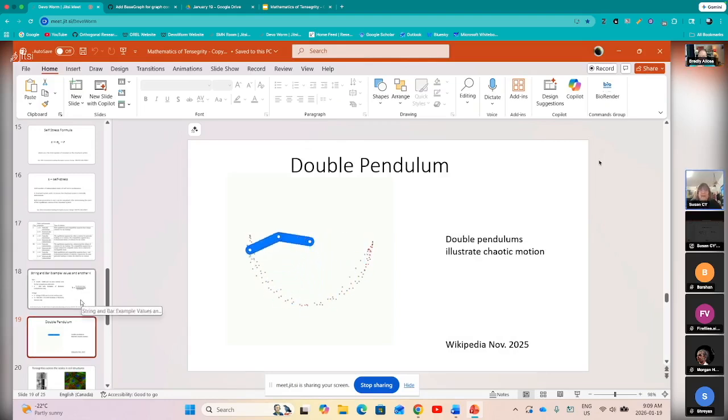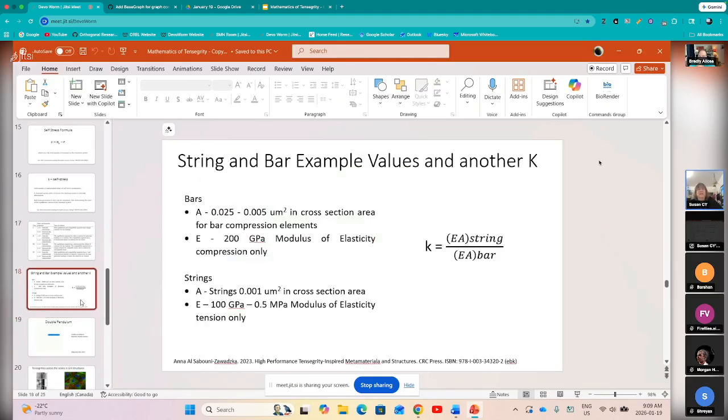So, and then, ta-da, there's another K. So this is another K. If you take the elasticity and area of the string divided by the area and elasticity of the bar, you get another K value. And if you play with that, you can change the slope of the stress strain curve.